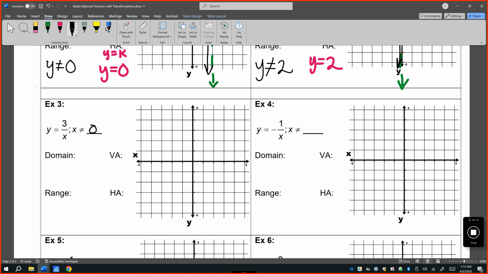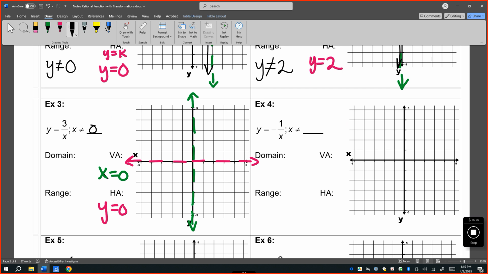Right? It's always going to be that unless you have an h, okay? All right, then we start with our vertical asymptote. X equals 0 because we didn't move it, right? There's no h value. And then we do our horizontal asymptote. There's no k, so that one's at y equals 0. There's no h, there's no k.